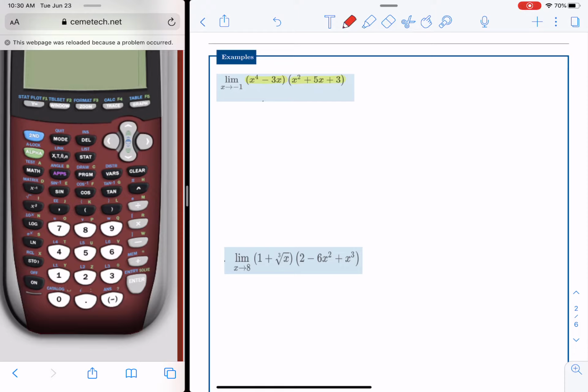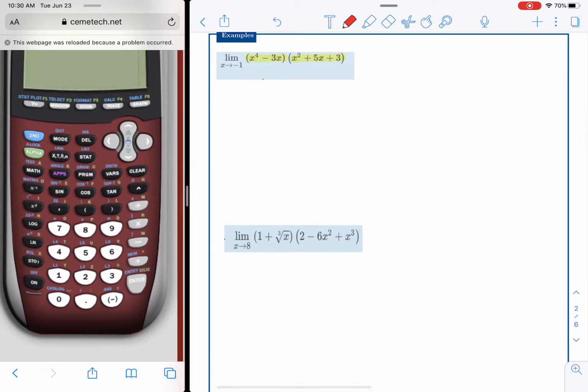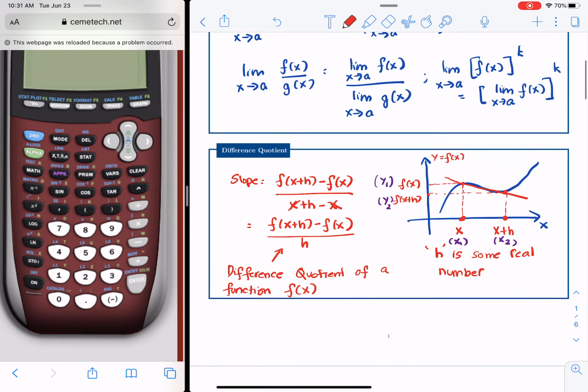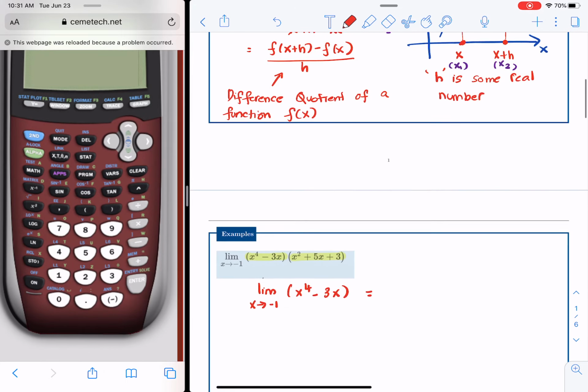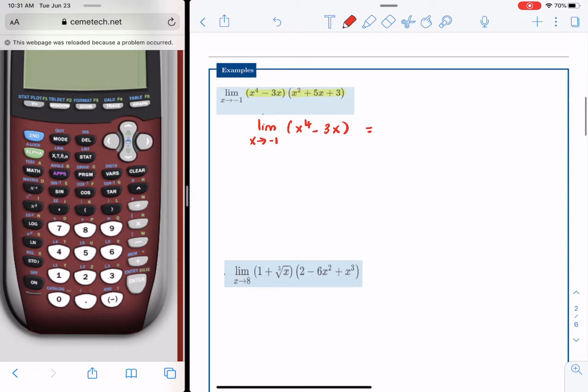So what I'm going to do is apply the limits individually and simply multiply them. And based on the power rule that I wrote over here, if we have some function raised to a power, we can directly apply the limit to the value and then raise it to the power. What do I mean by that?